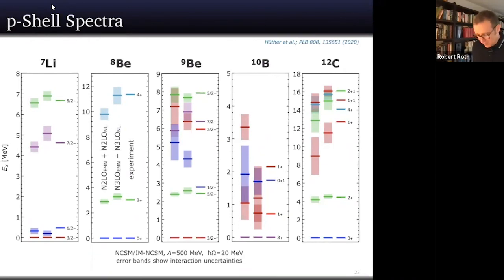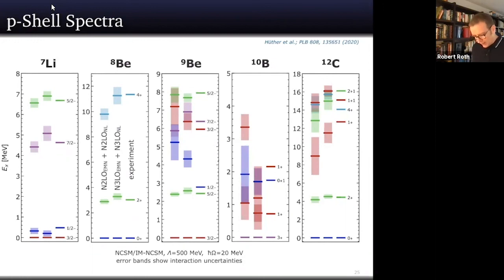Yeah. Very good points. So regarding excitation energies, they are typically more stable with respect to the many-body convergence, with Nmax convergence in an NCSM. But the word typically is important, because the states that show up with large errors here are also the states that sometimes show a pretty slow convergence. This is, however, not shown here at all.